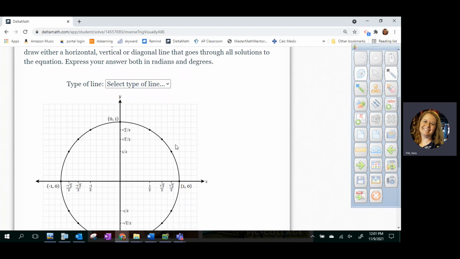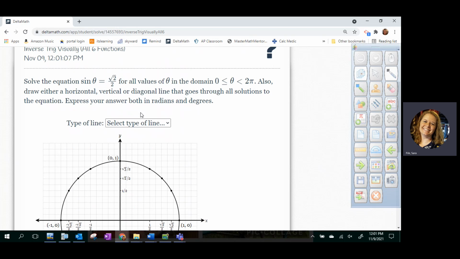It gives you the unit circle, and so that's why it says visually, so that you can actually see it on the unit circle. It wants you to find or solve the equation sine of theta equals, in this case, square root of 2 over 2. So where on the unit circle is sine square root of 2 over 2? Okay, and between 0 to 2 pi.